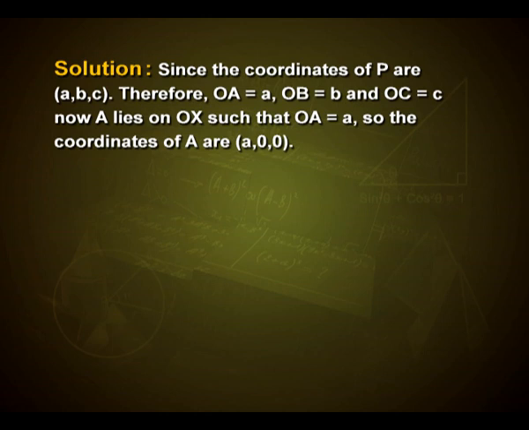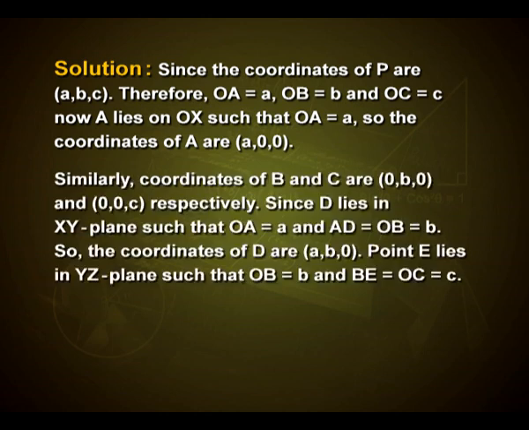Now, A lies on OX such that OA is equal to a. So, the coordinates of A are a, 0, 0. Similarly, the coordinates of B and C are 0, b, 0 and 0, 0, c respectively.